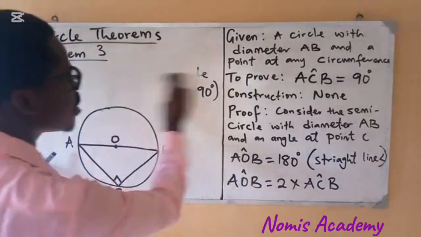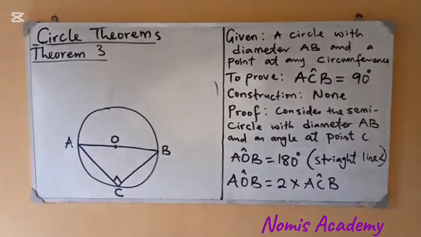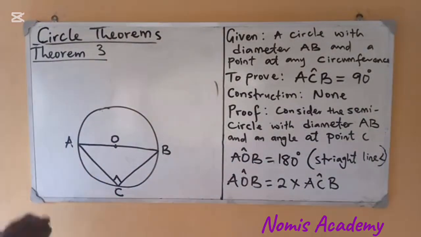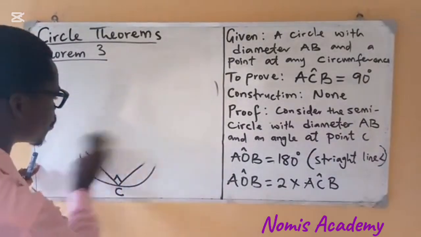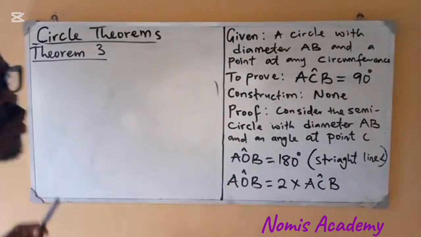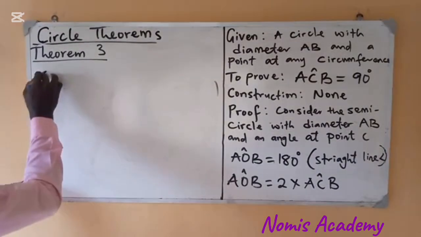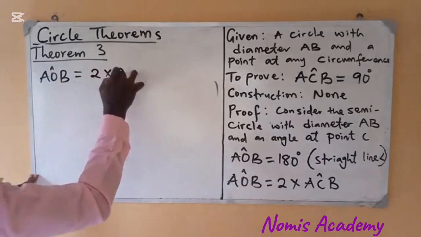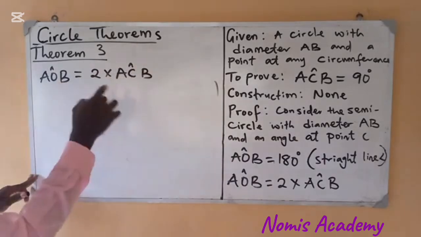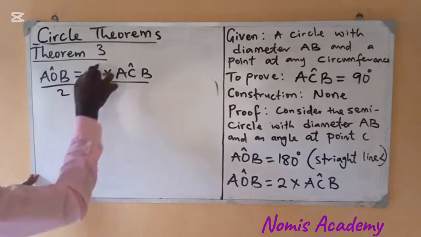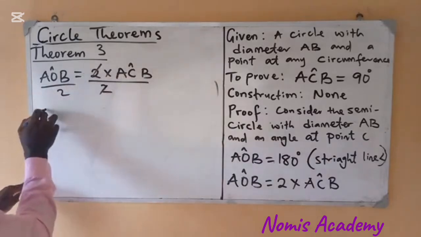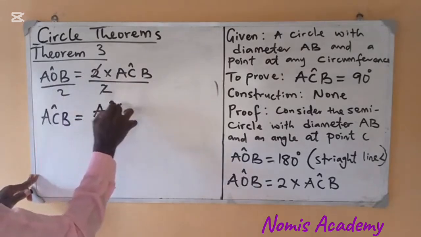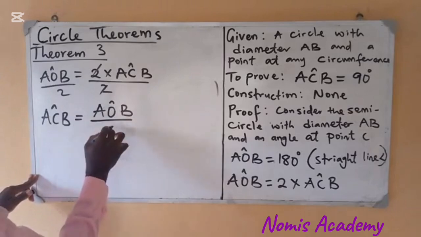Okay, so AOB is equal to 2 multiplied by ACB. Now, divide both sides by 2. Then ACB is equal to AOB all over 2.